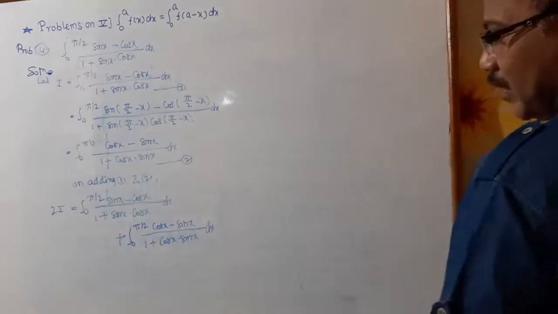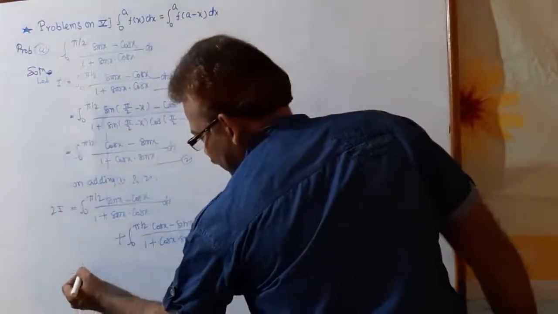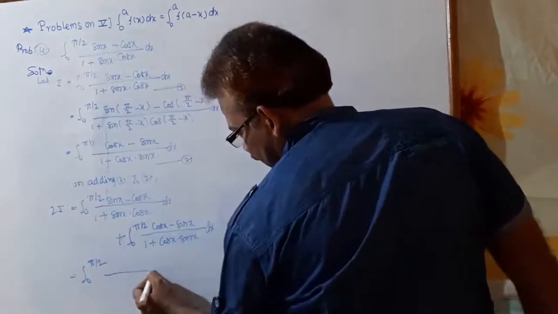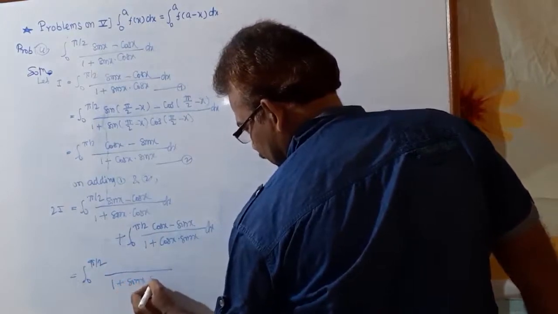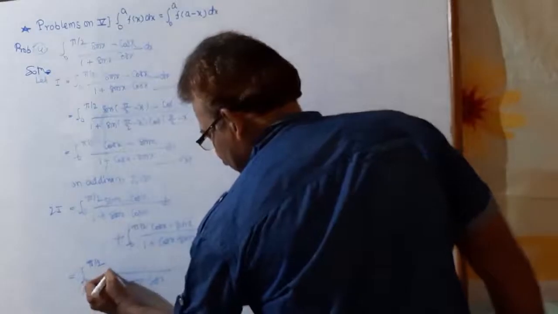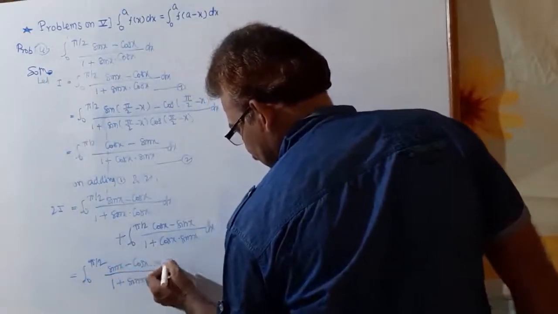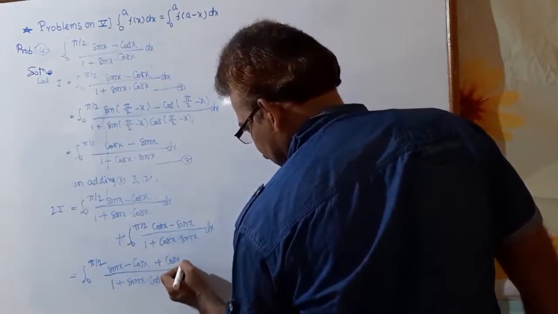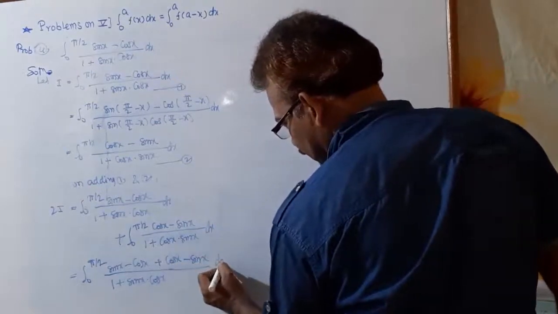So we take here integral 0 to pi by 2 and dx common, and also we take LCM. So integration from 0 to pi by 2, here LCM is 1 plus sin x into cos x, and numerator is sin x minus cos x, plus from second term cos x minus sin x dx.